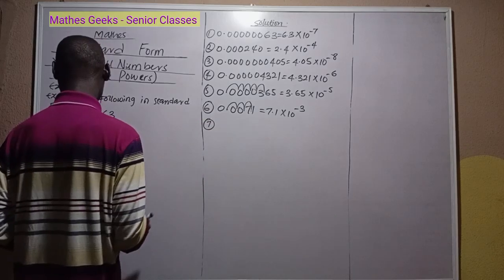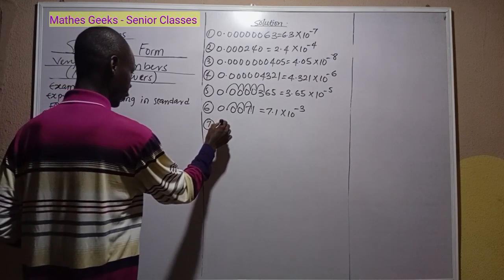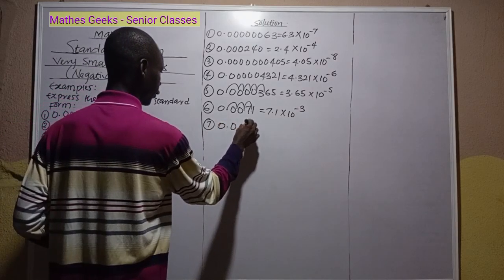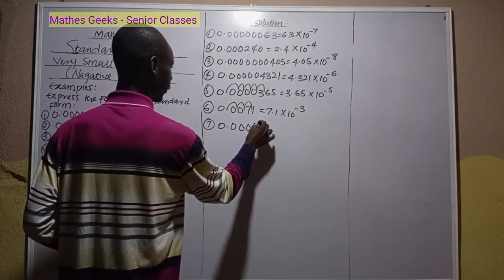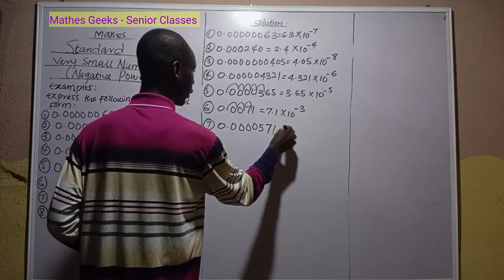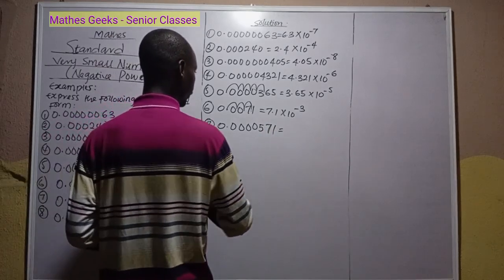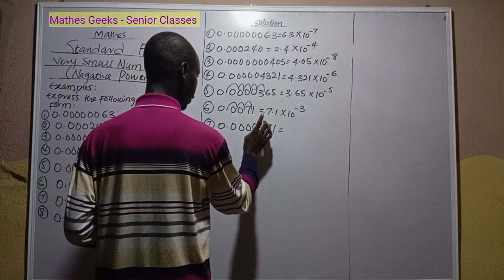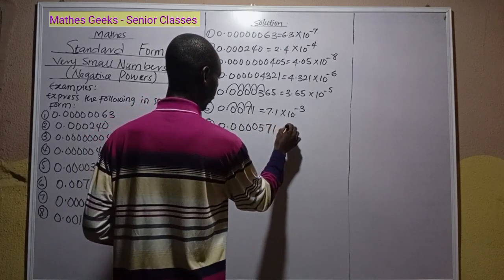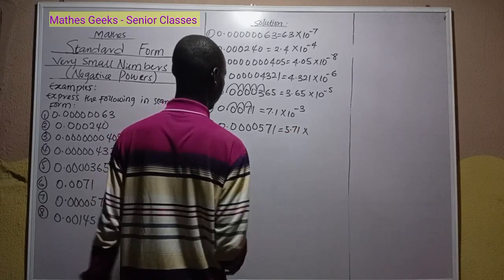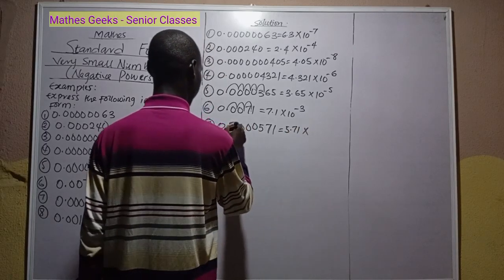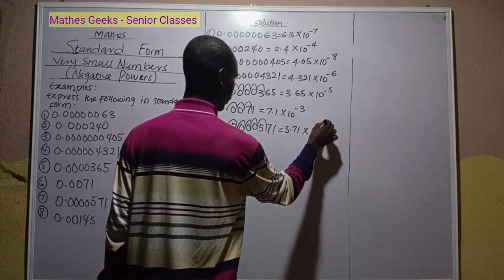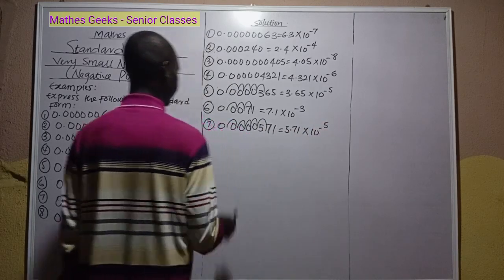Next, 0.00000571 equals, so if you move your decimal point until you get to the first non-zero digit, that will be this point, so that will be 5.71 times 10 raised to, 1, 2, 3, 4, 5, minus 5.